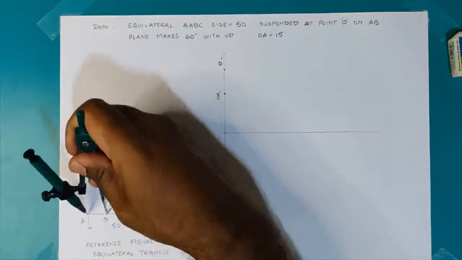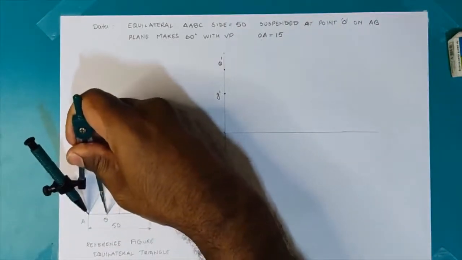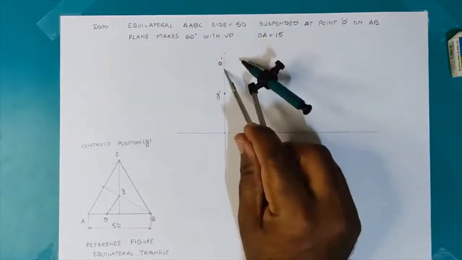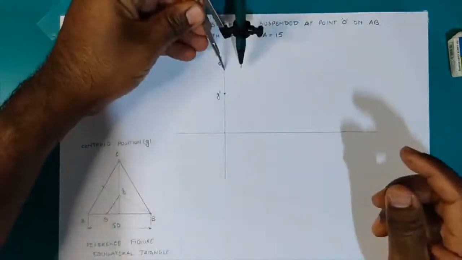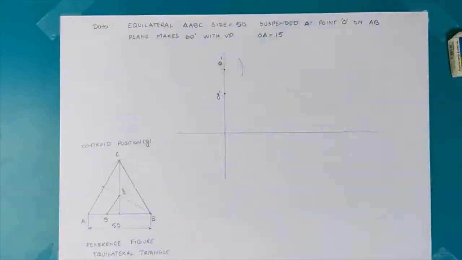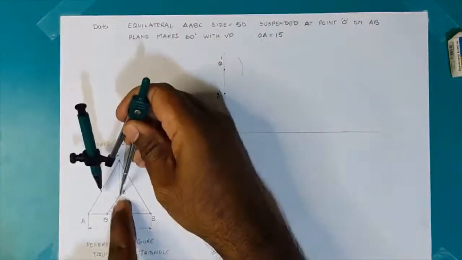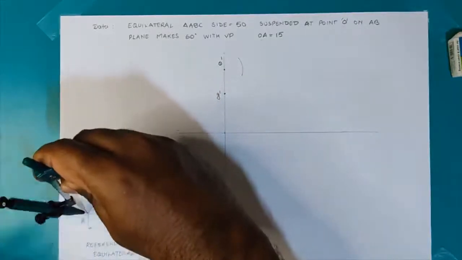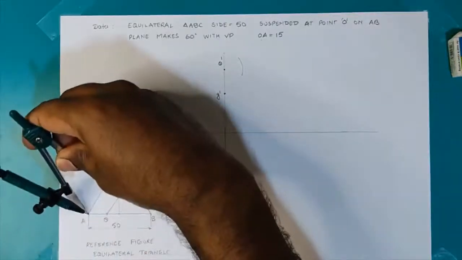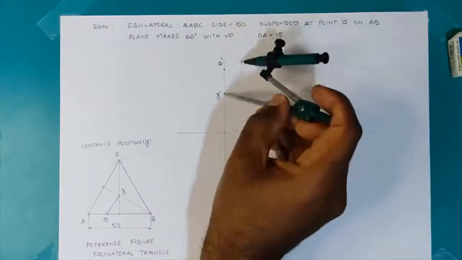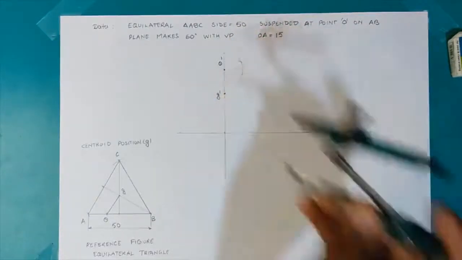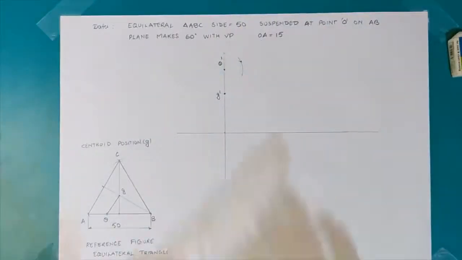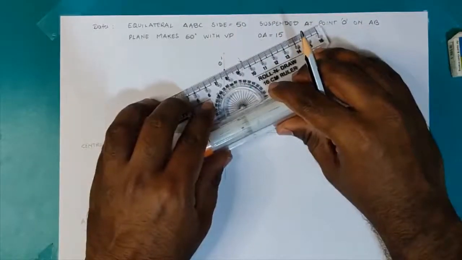Now I take distance O to A on the compass like this, keep it on O dash and mark an arc. Similarly, I keep the point on G, take distance up to A. So from the centroid I have taken the distance up to A and mark the arc and find the intersection with the previously drawn arc to get the location of point A dash.